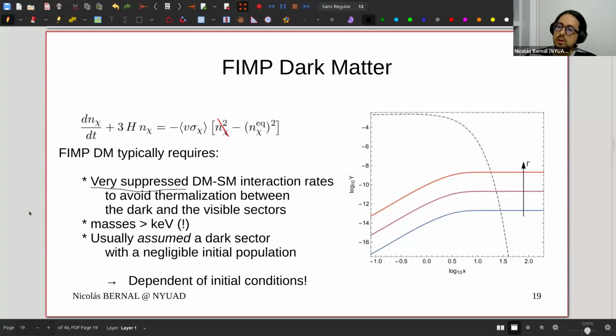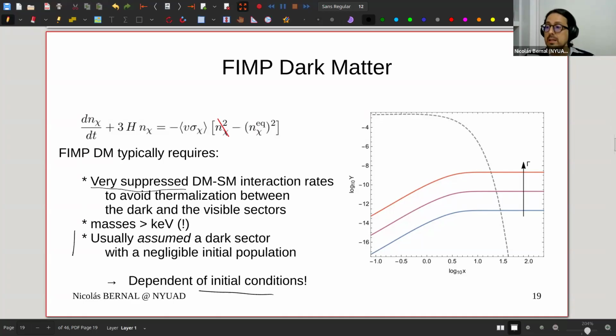So here we are not confined to the electroweak ballpark. We can have masses basically higher than the keV because of Lyman alpha, but it could be up to the Planck scale. And here we're not tracking equilibrium, so it will depend on the initial condition. That's important.